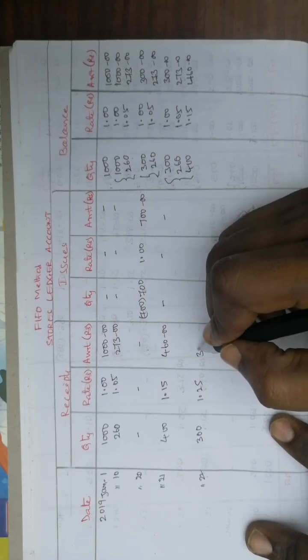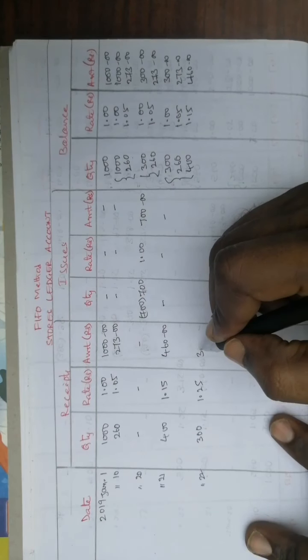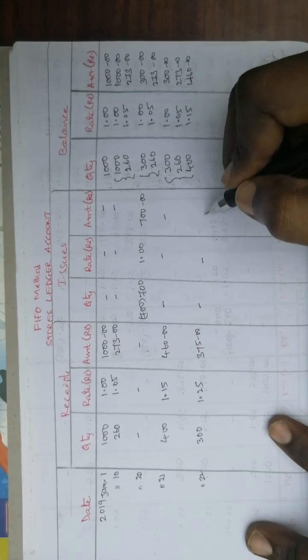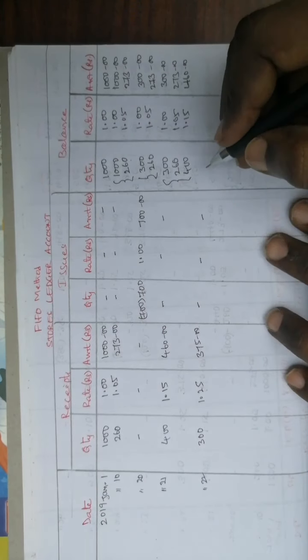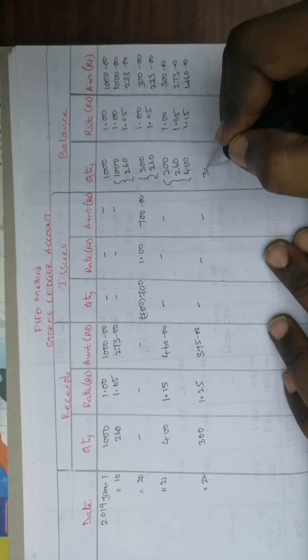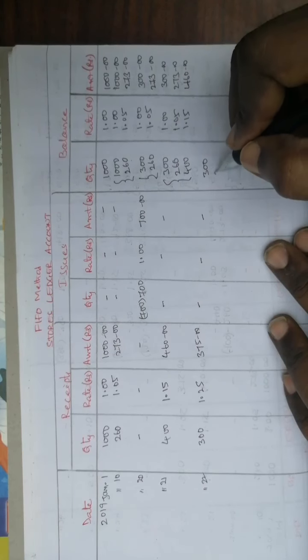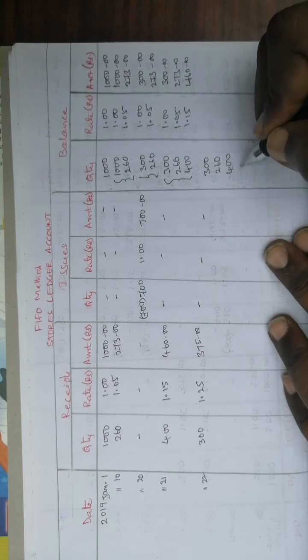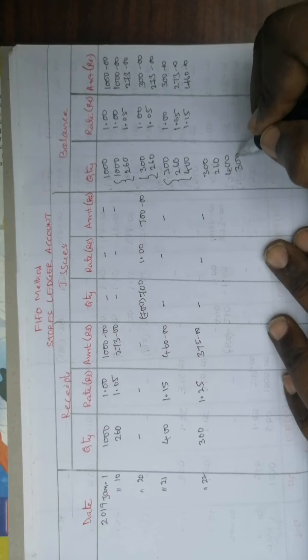The calculation is available as it was done in the LIFO method also: 375 rupees. Now so many units will come in with different volumes and prices. 300 as it is, 260 as it is, 400 as it is, and now the addition of 300.